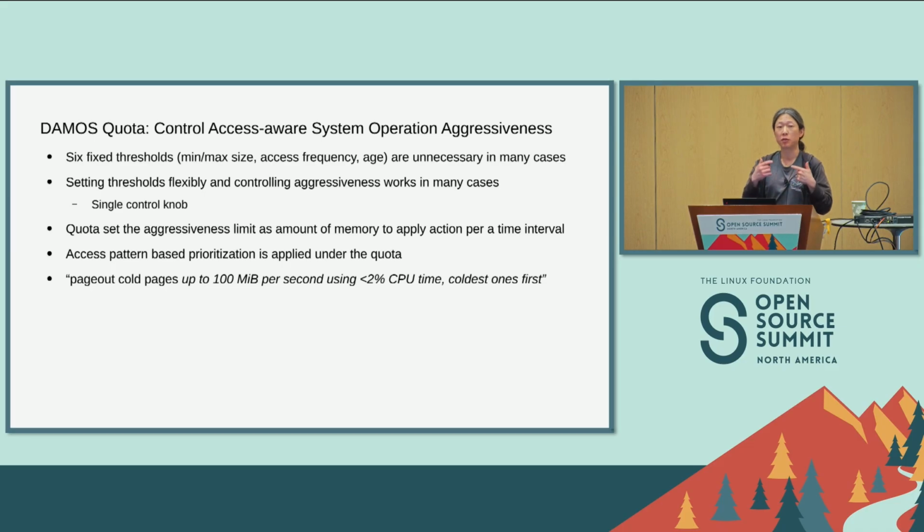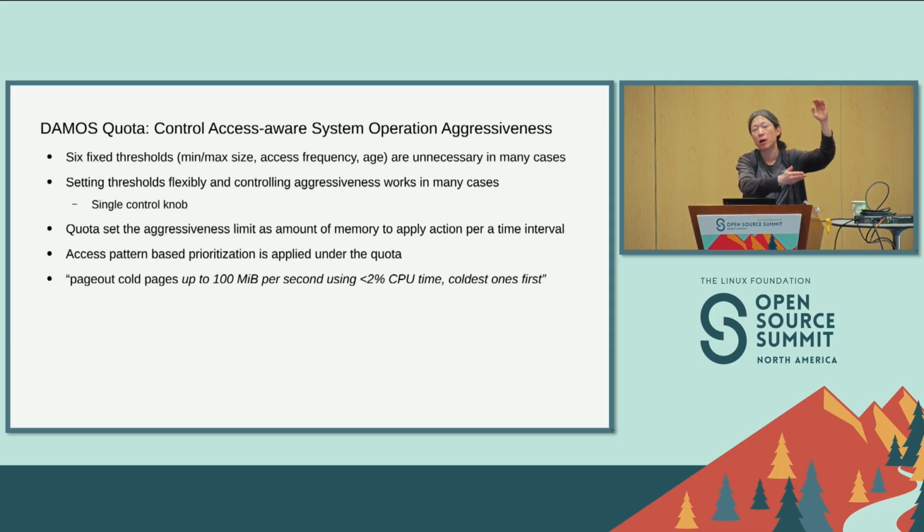And based on this, under this quota, when DAMOS finds memory regions eligible to apply the memory management action, but if the total size of the regions is larger than the user-specified quota, then DAMOS can do prioritization of each region based on the access pattern and then apply the action to only the quota size of highest priority regions.